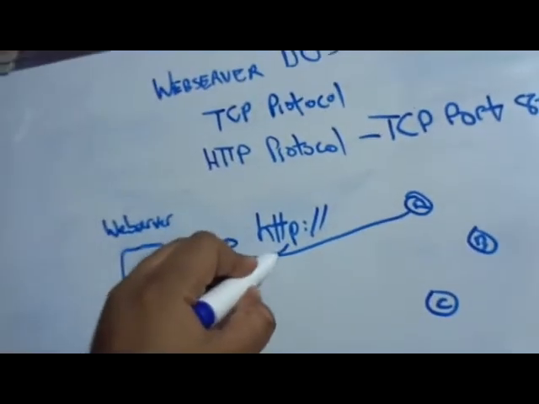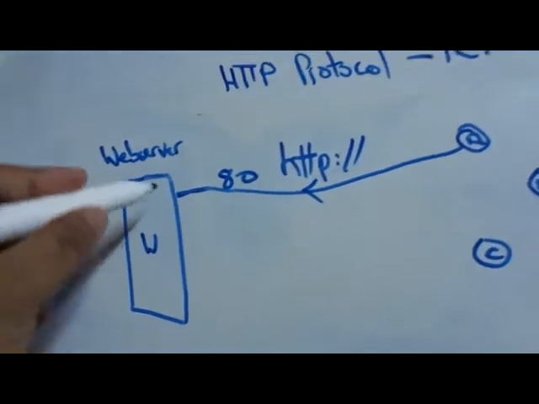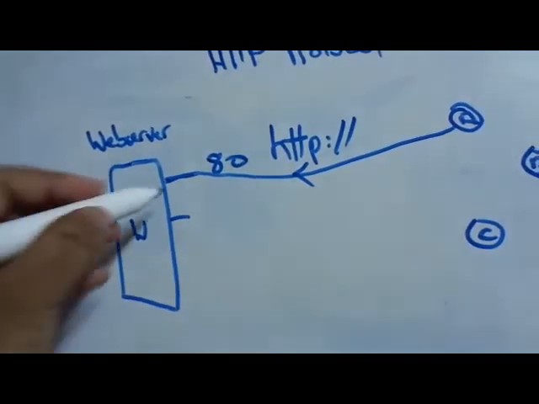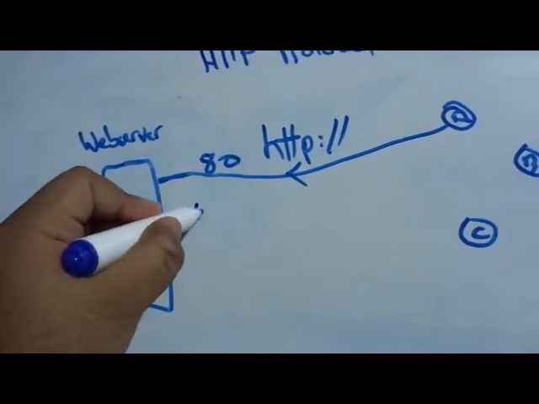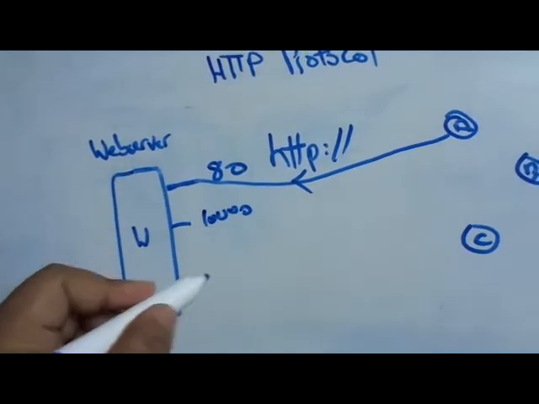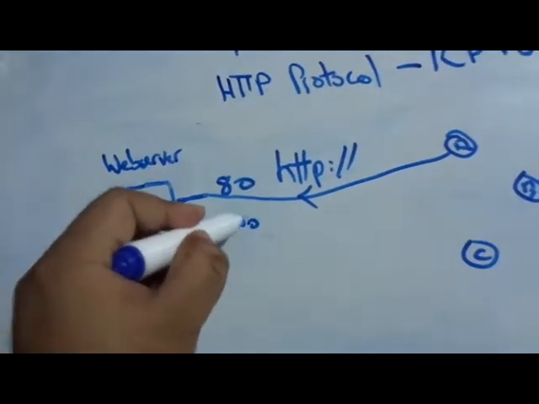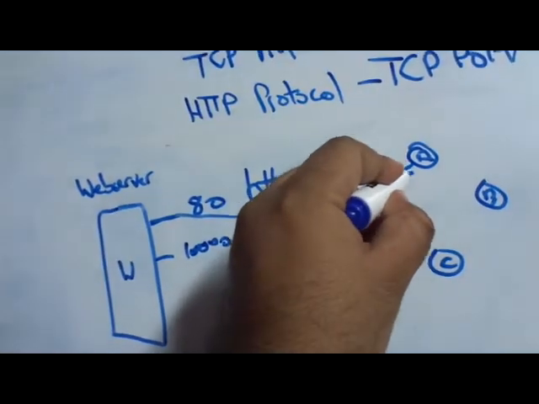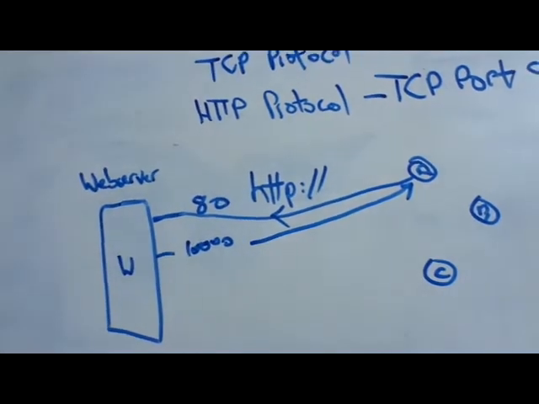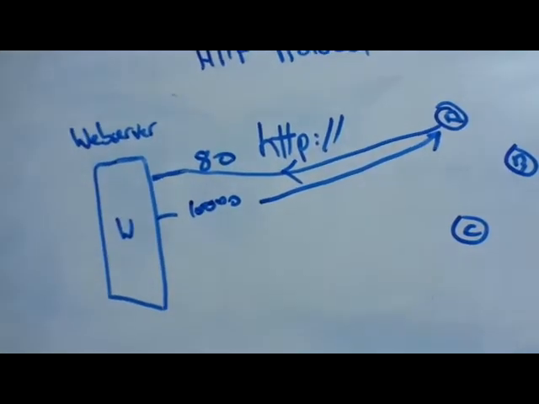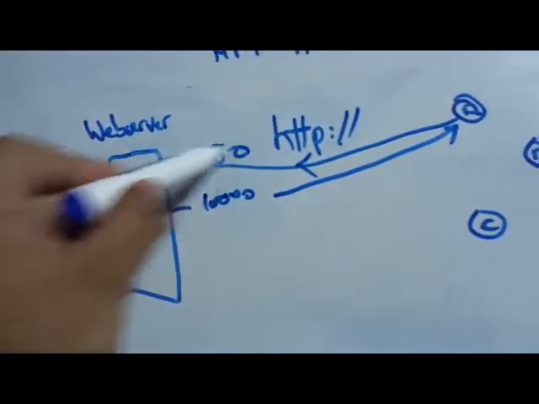So client A will connect to port 80, and then a new port will open up. Normally it's a random port. Let's say this port is 10,000. So it connects to 80 but responds with port 10,000 and returns the data to A. And that process is really what happens when you access a page. So when we go to www.google.com, it connects to the web server on port 80.